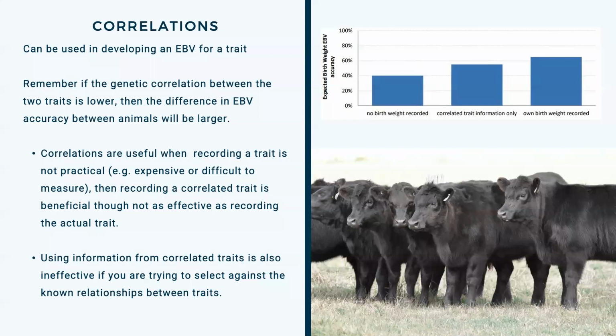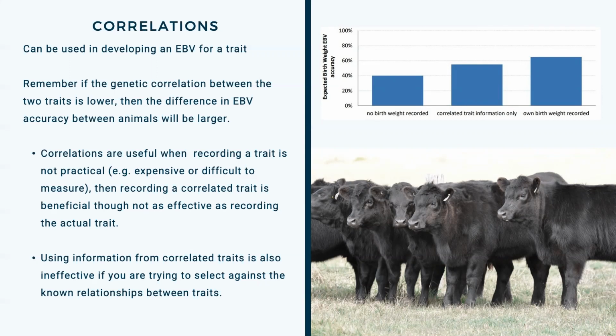And a correlation can be used as part of that development of an EBV for a trait. So if a genetic correlation is a fairly low one, so the two traits are not closely aligned, the difference in the accuracy of that EBV is going to be really quite big. And that makes sense. If there's not much of a relationship, you can't really expect a huge amount of accuracy.